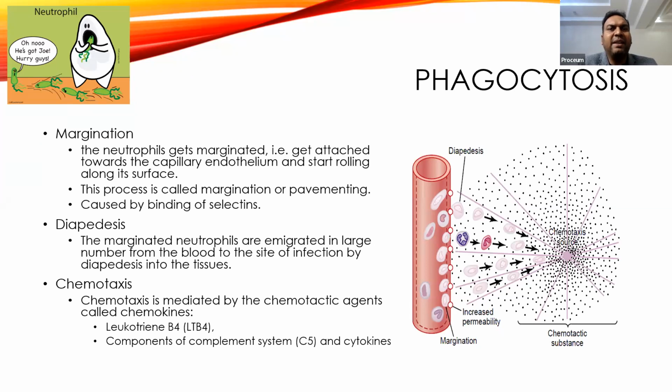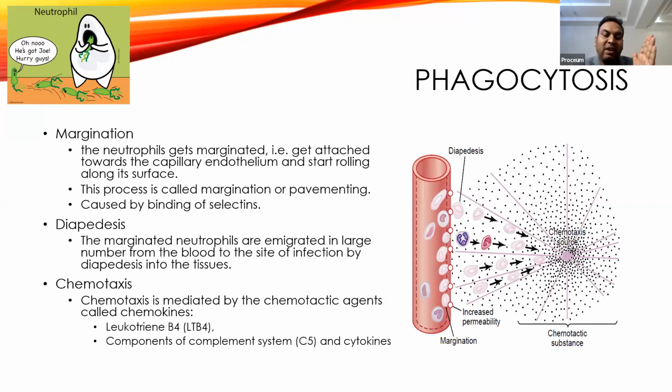Once the chemical mediator is released by the macrophage, it will diffuse to the surrounding tissue and reach the nearby capillaries, and through the capillaries it goes into the blood. Once it goes to the blood, it will activate the neutrophils. Once the neutrophil is activated, it will start the phagocytosis. How will phagocytosis start?